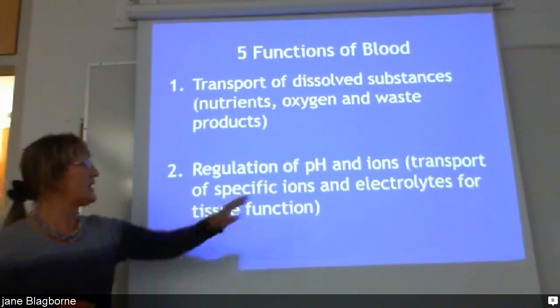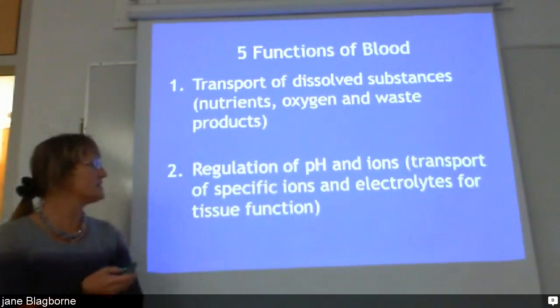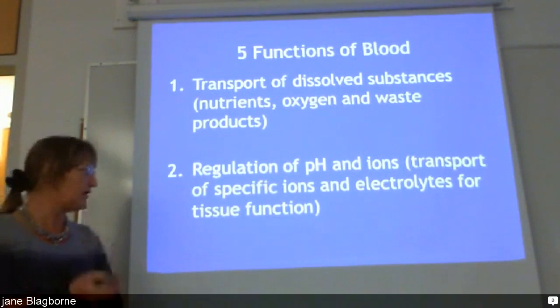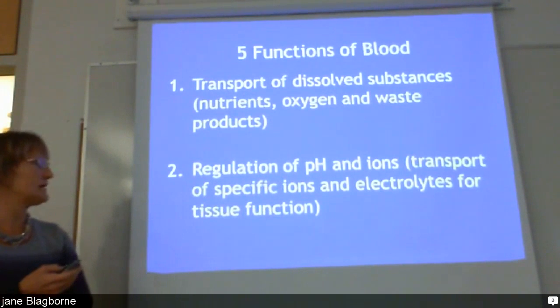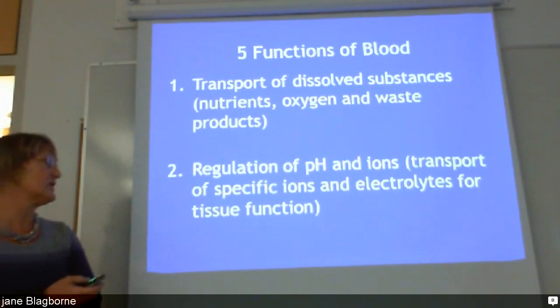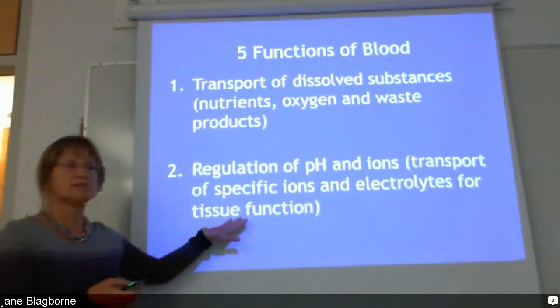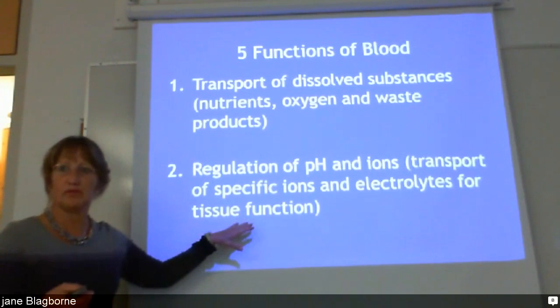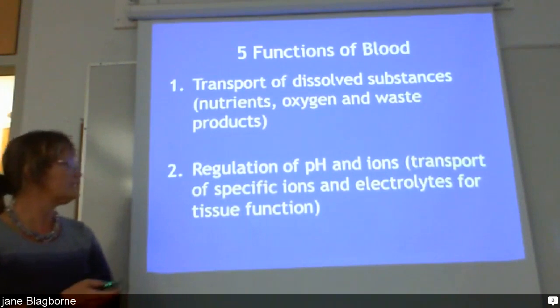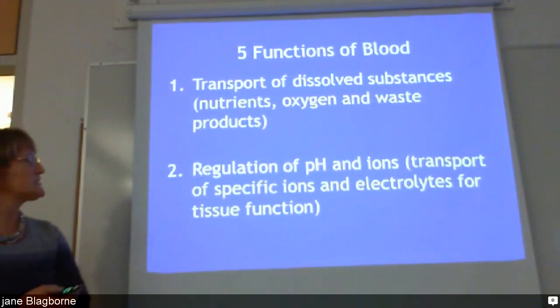It regulates the acid base of the blood and of the body, and it transports electrolytes, which is your fluids that have sodium, potassium, and all the different electrolytes in it. So it's responsible for that too.